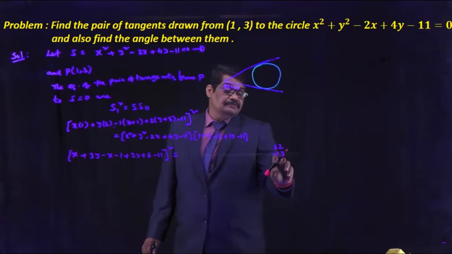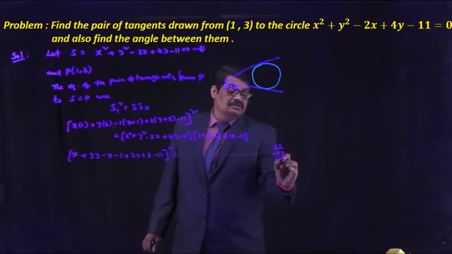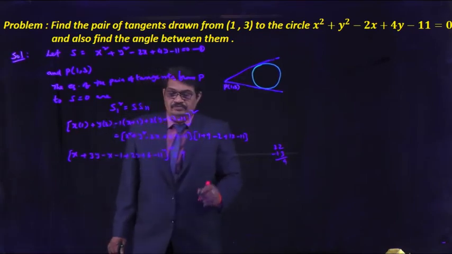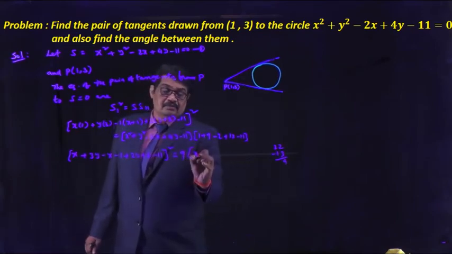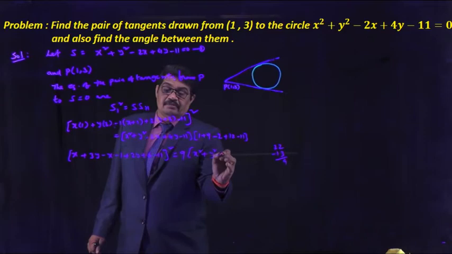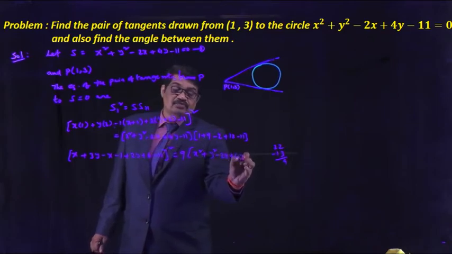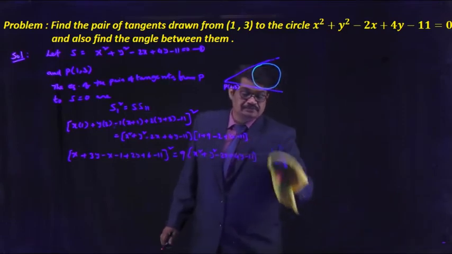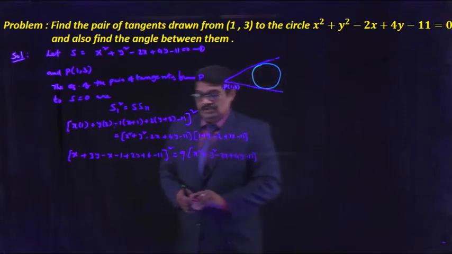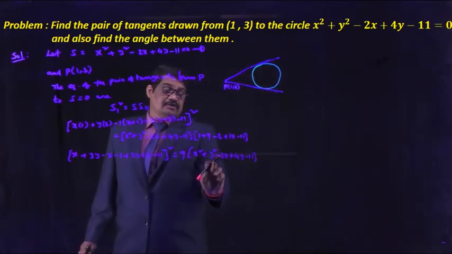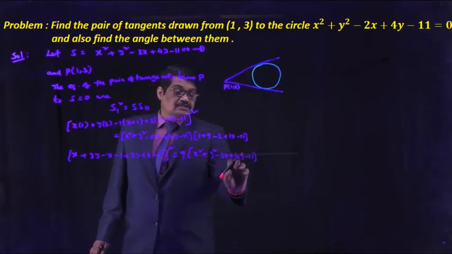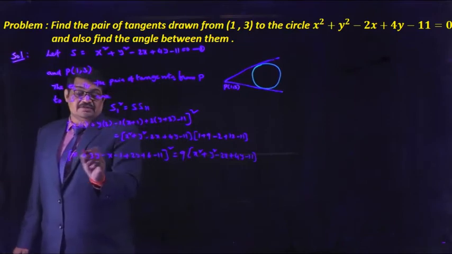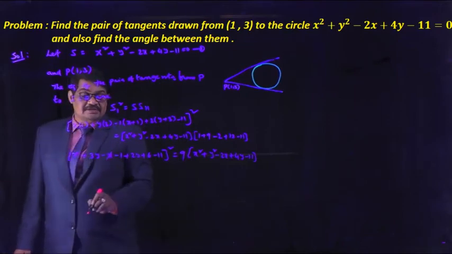Here what is 9? This is 9. Okay, here what is the constant here? 9 into x square plus y square minus 2x plus 4y minus 11. So here in this side LHS, plus x minus x is cancelled.